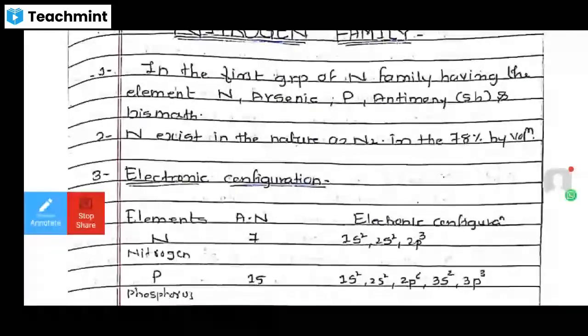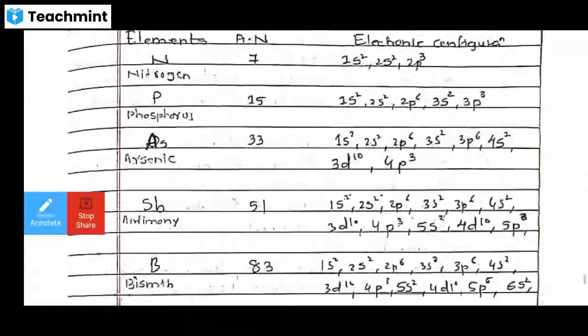The electronic configuration has a common trend, that is ns2 np3. We will find that ns2 np3 is the common trend.